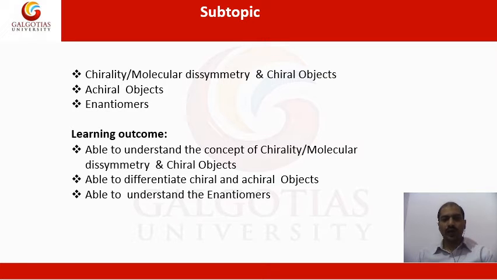We'll try to explain and learn how the chirality in a molecule affects the different nature of reactions during the course of different chemical syntheses. After the discussion of these topics, you will be able to learn about the concept of chirality and molecular dissymmetry, and will be able to understand chiral objects.